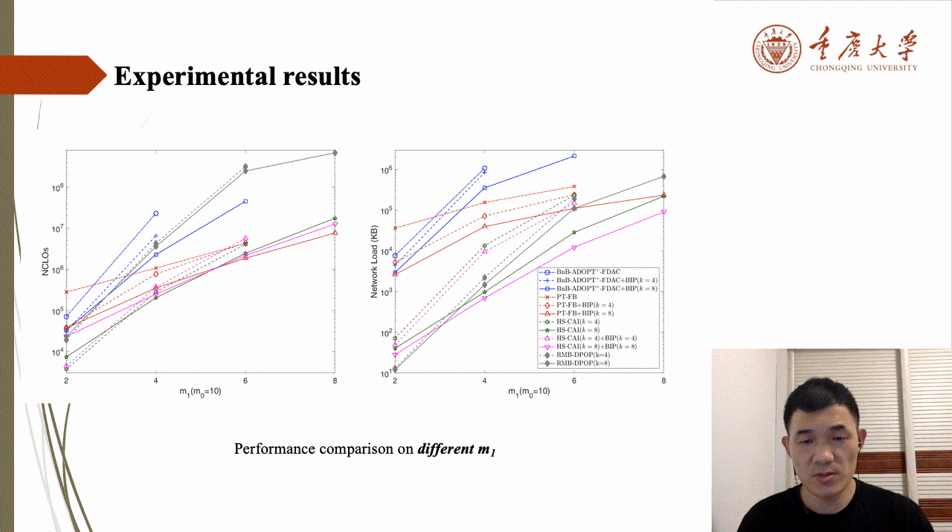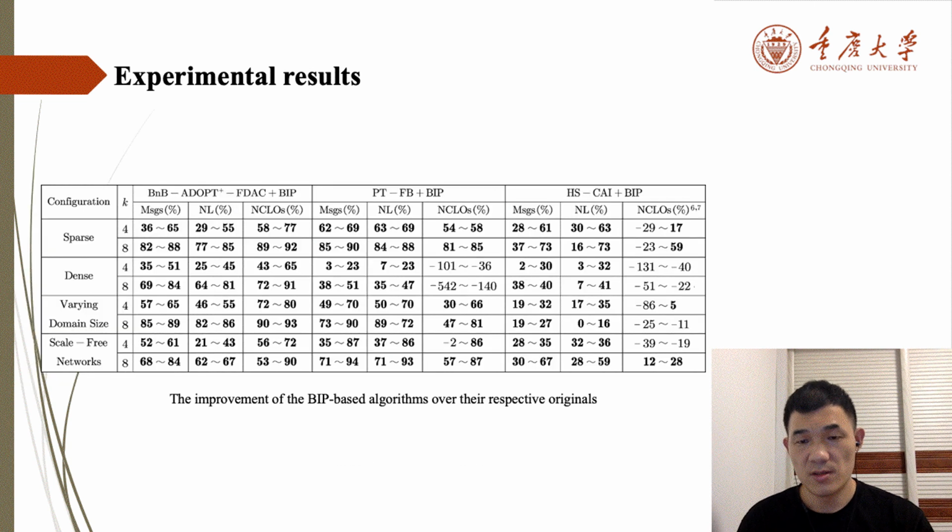That figure shows the performance comparison under different M1 on the gap-free network problem.